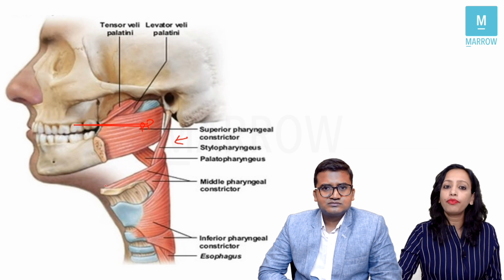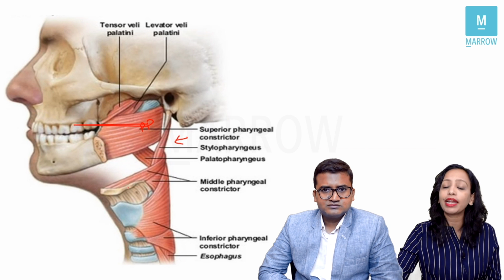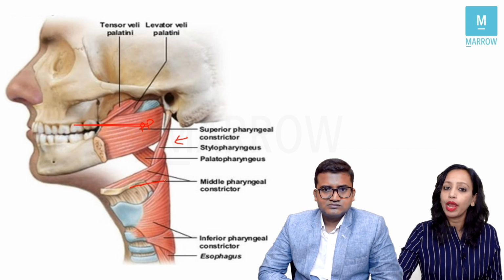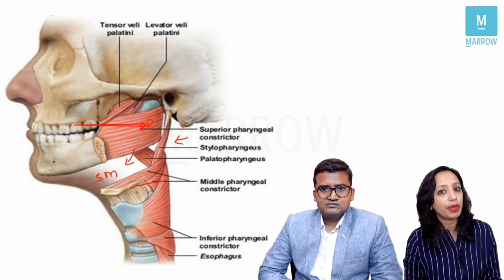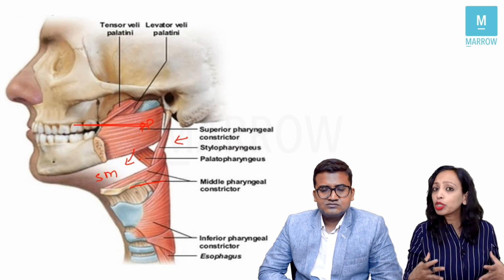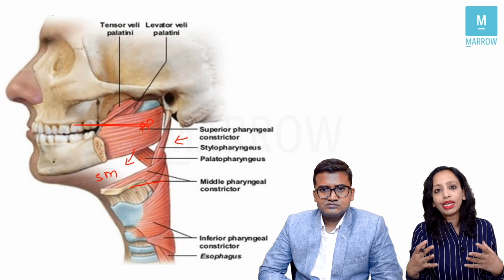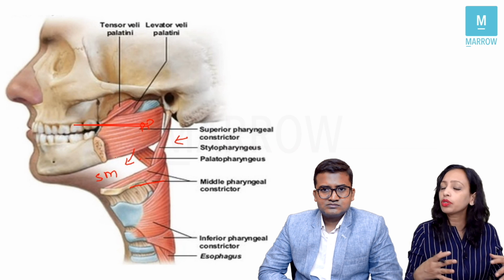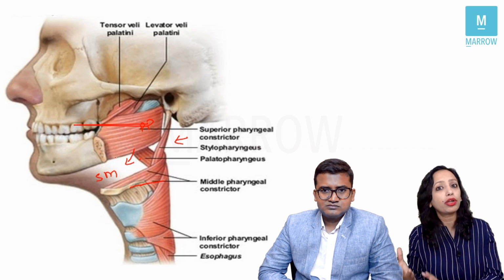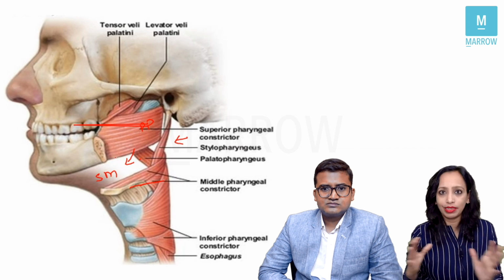Also, below here, we know that the parapharyngeal space extends down till the level of the hyoid bone. Yes, till this level, hyoid bone. And here anteriorly, we have the submandibular space. So the parapharyngeal space also communicates with the submandibular space. So this is one space. Abscess of this space is very dangerous, because any infection from here can easily go to the submandibular space. It can easily go to the retropharyngeal space. Nothing separates them as such.